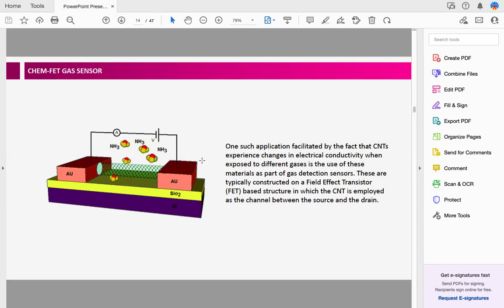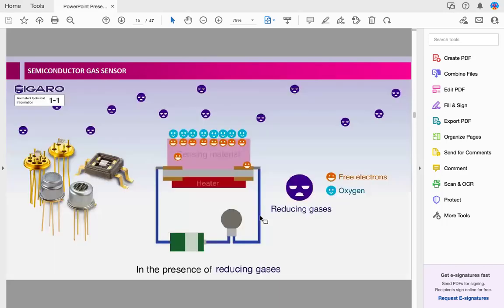So the basic is simple. If it is exposed to this field, in this case the example is ammonia, we can observe some changes in potential, voltage, and current, as well as resistance. So that is the basic.